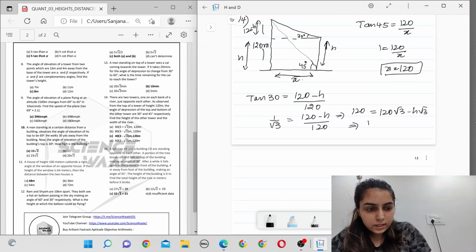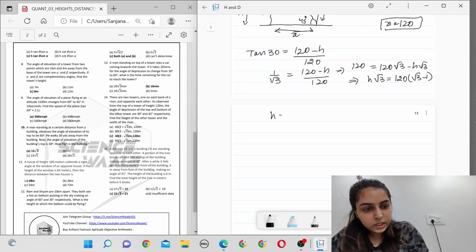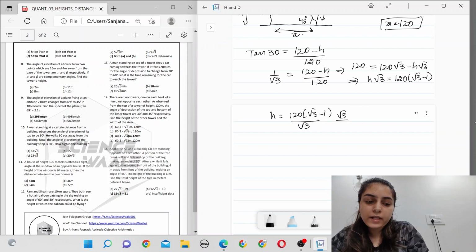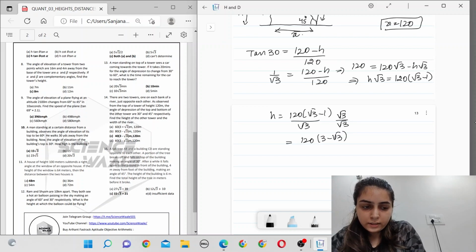So that implies h root 3 is equal to 120 into root 3 minus 1. h is equal to 120 into root 3 minus 1 by root 3. We can rationalize it by multiplying by root 3. So it's going to be 120 into 3 minus root 3 by 3, 40. So this is going to be 40 into 3 minus root 3.